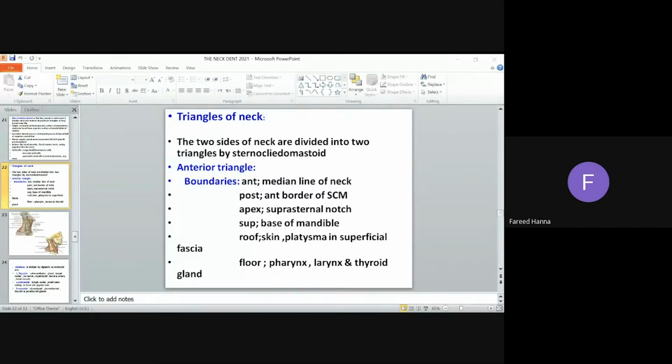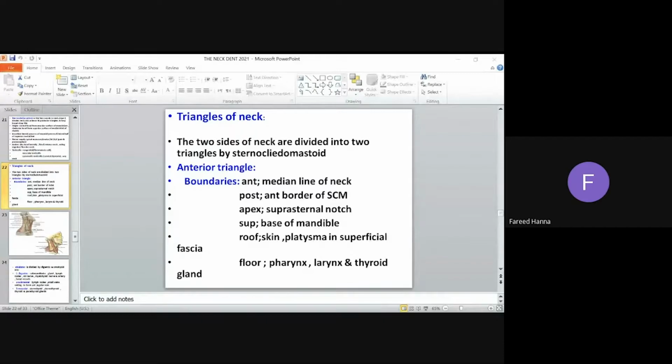The same thing here, the posterior border of sternocleidomastoid muscle, the superior border of the medial third of the clavicle, which can be felt, and then you have the anterior border of the trapezius muscle. These form the boundaries of the posterior triangle of the neck.